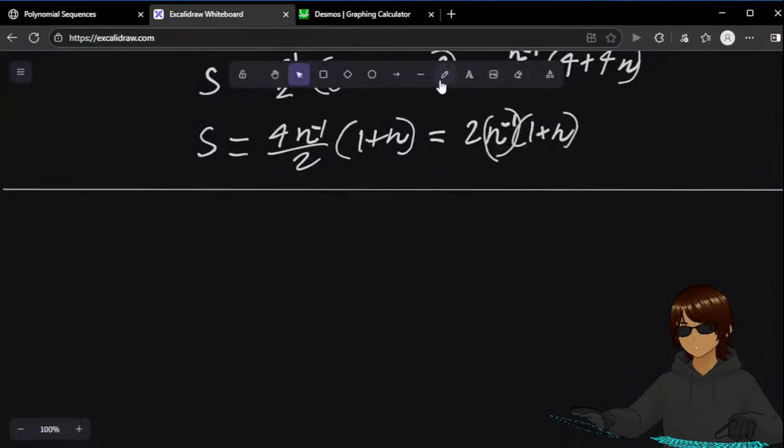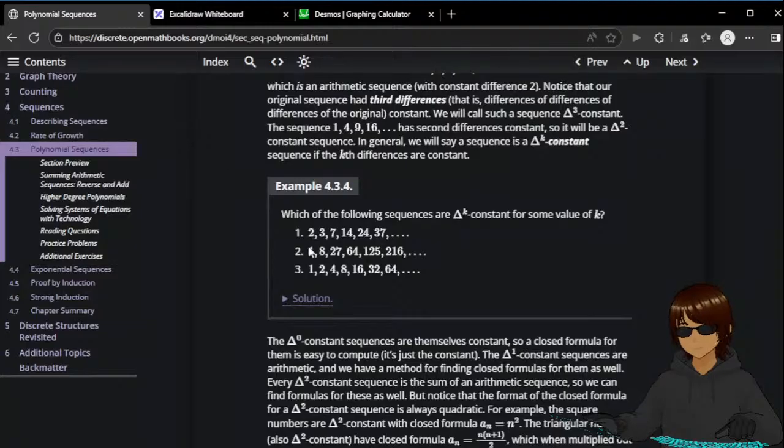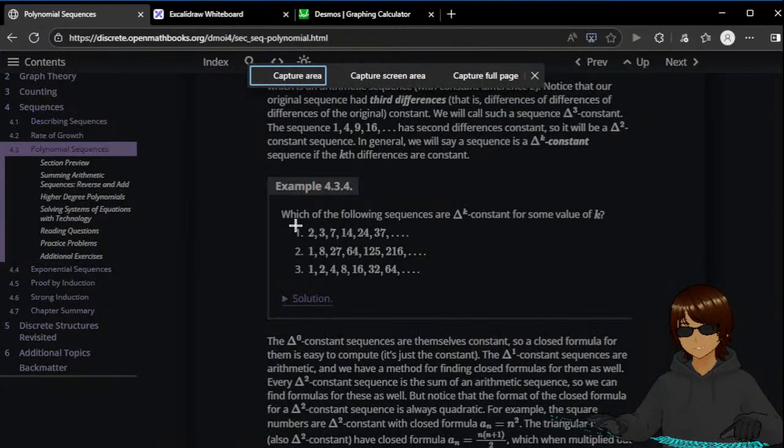Example 4.3.4. I'll just take a screenshot.